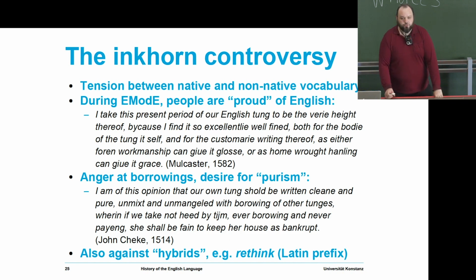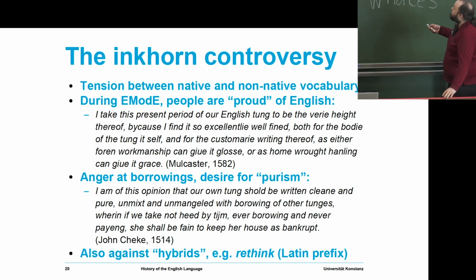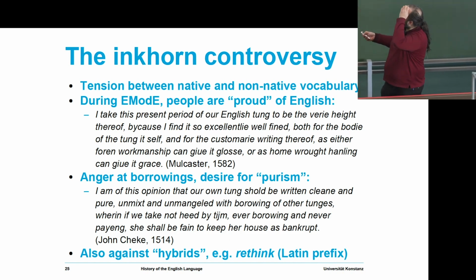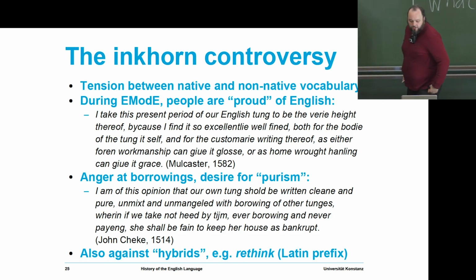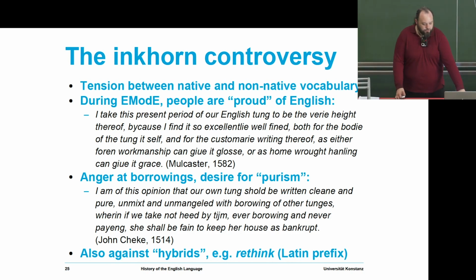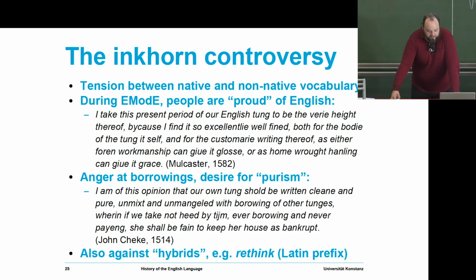And this comes with another view. So here we see John Cheke at the beginning of the early modern period saying, I am of the opinion that our own tongue should be written clean and pure, unmixed and unmangled with borrowing of other tongues, wherein, if we take not heed by time, ever borrowing and never paying, she shall be fain to keep her house as bankrupt.